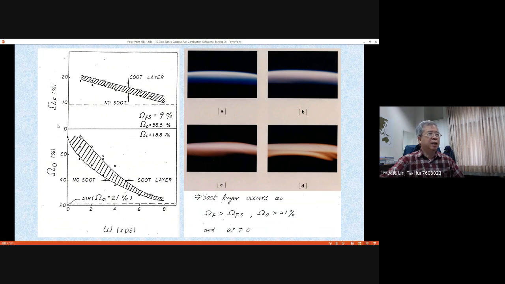Here we change the fuel concentration while we fix the oxygen concentration in the upper side at 58.9, and then we change the lower fuel concentration to see when we can have soot. And the lower portion of this plot tells you we fix the fuel concentration in the lower side at 18.8%, but change the oxygen concentration in the upper part.